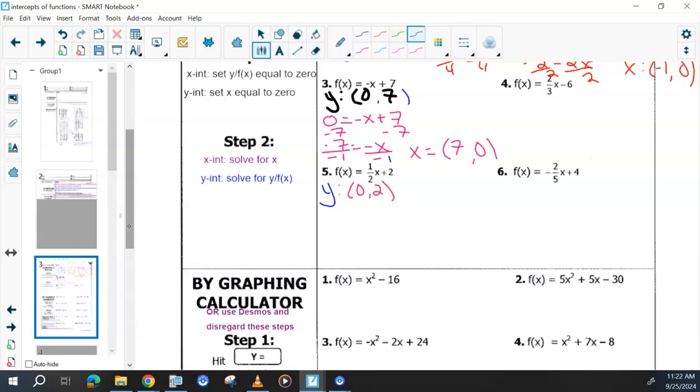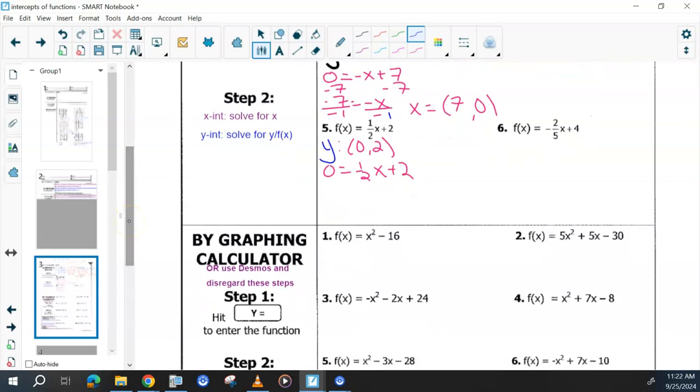For the x-intercept, I'm going to make this 0 equals, and we're going to solve that by subtracting 2. Then to get rid of that 1/2, instead of dividing like we have been, I don't want to divide by the fraction.